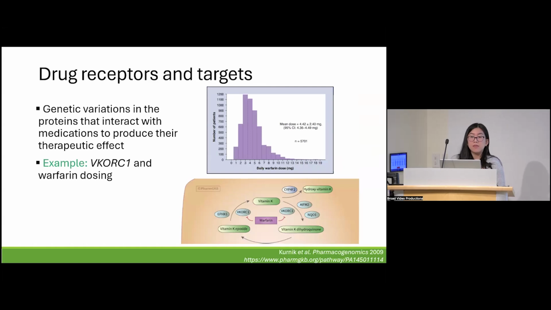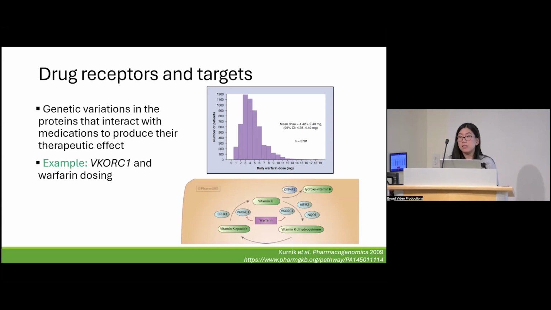Okay. And then the last source of variation I'll talk about here is drug receptors and targets. These are genetic variations in the proteins that interact with these medications to produce their therapeutic effect. One example is with respect to warfarin dosing. Warfarin is an anticoagulant that's been used to prevent stroke, and it has a very narrow therapeutic range.